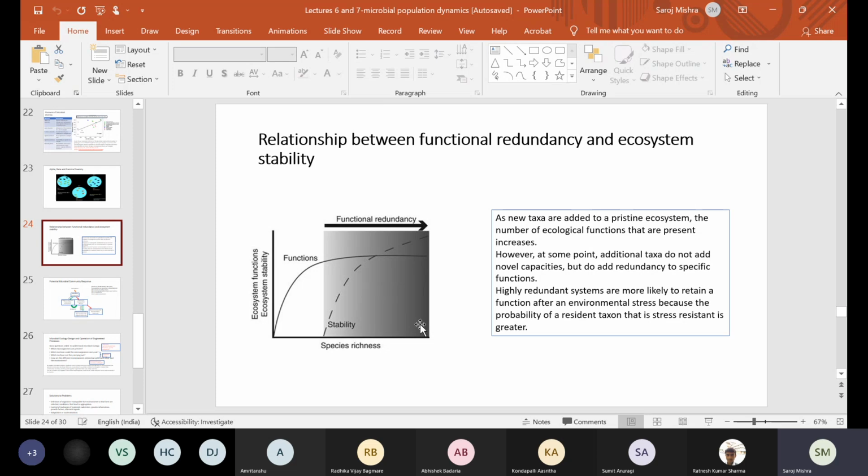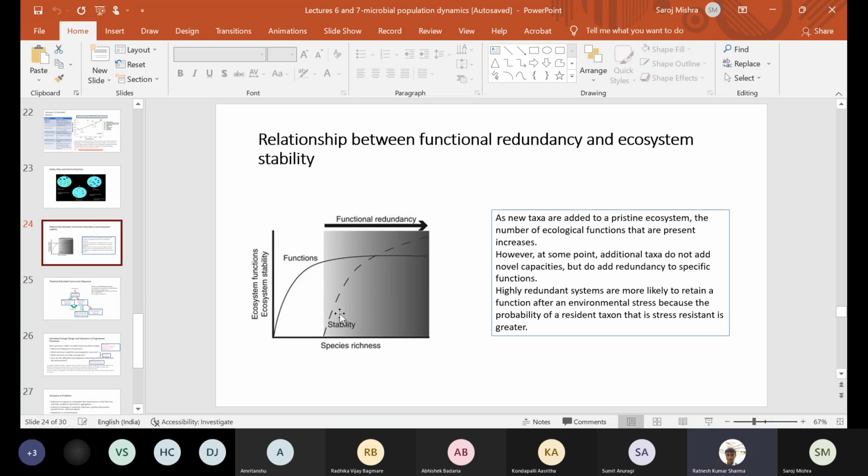However, such a system becomes more stable now. Why? Because if there is an extreme of pH or temperature, maybe two species are going to disappear. But since the same functions can also be performed by a number of other species which you have added, the stability of the ecosystem is going to increase as the species richness increases. Okay, so is this point clear?